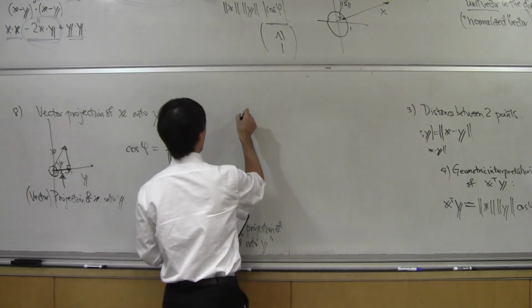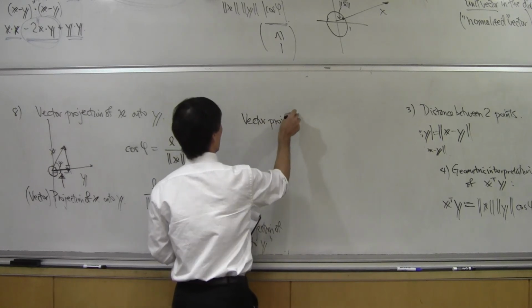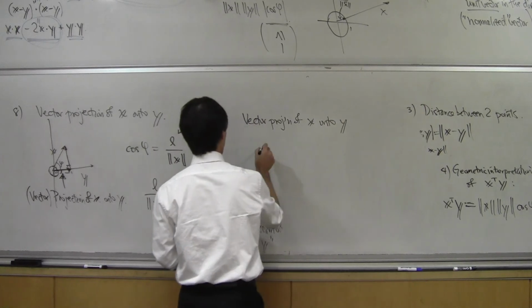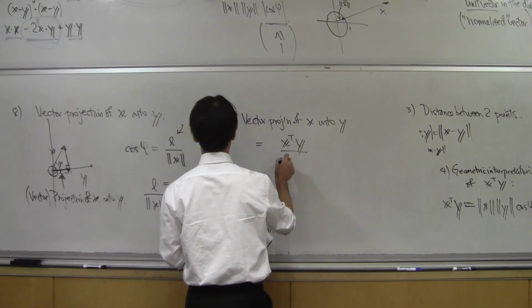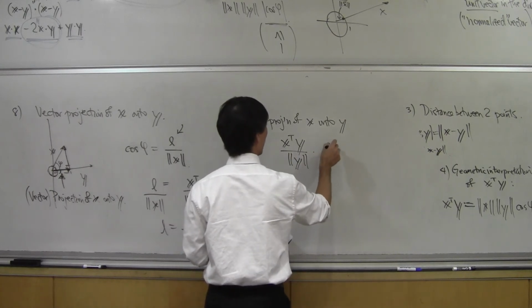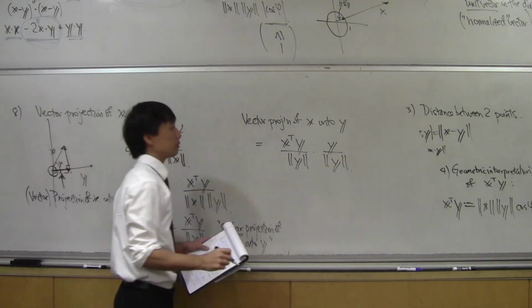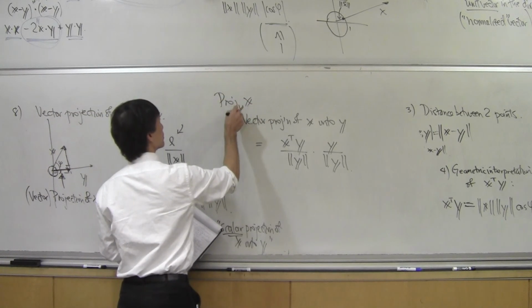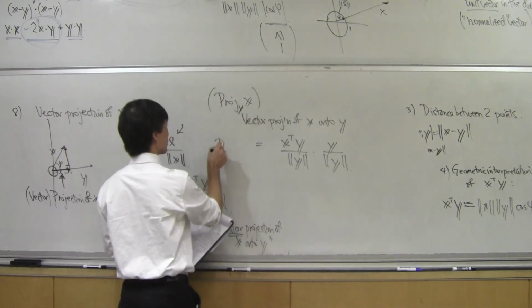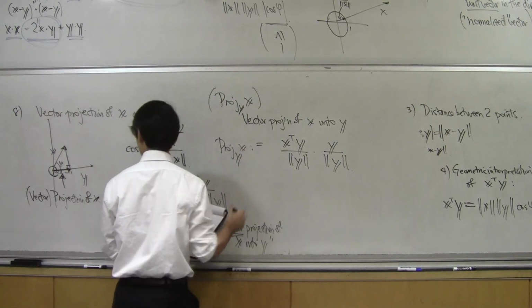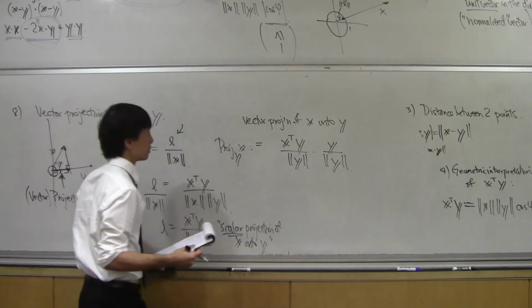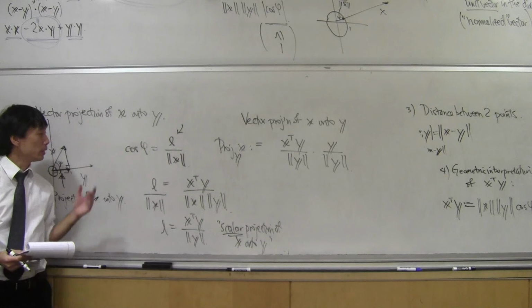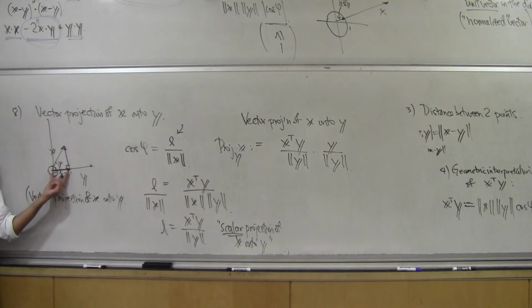So the vector projection of x onto y is the scalar projection times the normalized y vector. That's how you get the vector projection onto here.